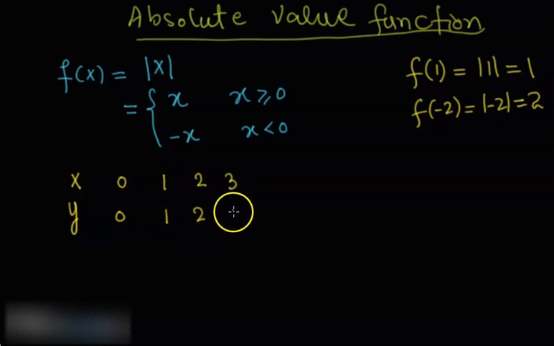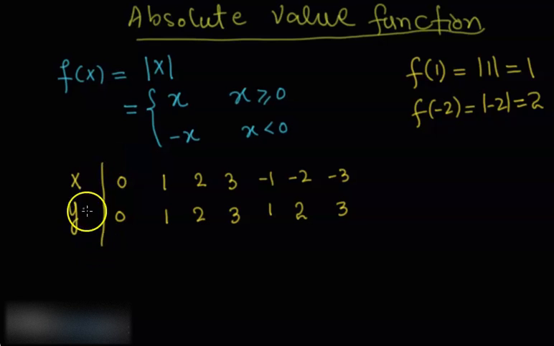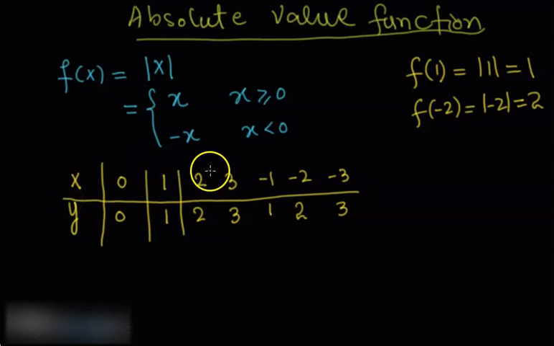When x is 3, y is 3. When x is minus 1, y is again 1. When x is minus 2, y is 2. When x is minus 3, y is 3. So now we can just plot these values.